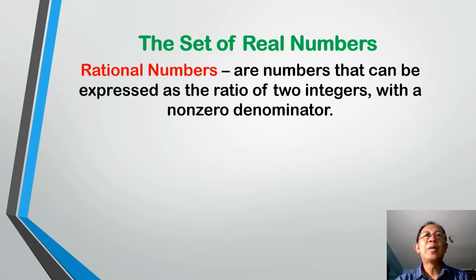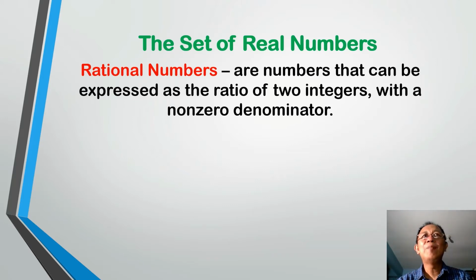So all fractions are rational numbers, as long as the denominator is not equal to 0. Because when the denominator is equal to 0, it is not a real number. So a denominator of 0 is not allowed. Okay? So all fractions are rational numbers.